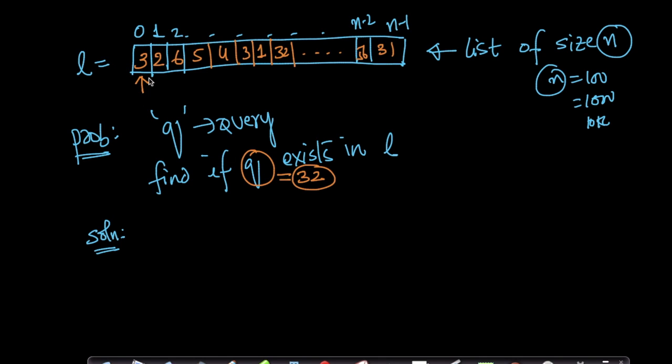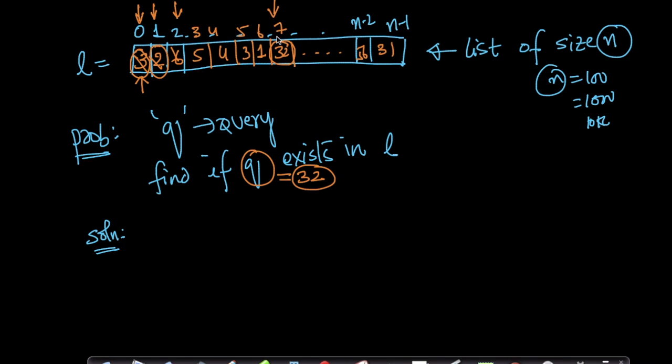It's fairly simple. First I go to the 0th index, and I compare 3 with 32. 3 is not equal to 32. So now I go to index 1. 2 is not equal to 32, right? I keep doing this, and at some point I'll come here. This is my index 3, 4, 5, 6, 7.